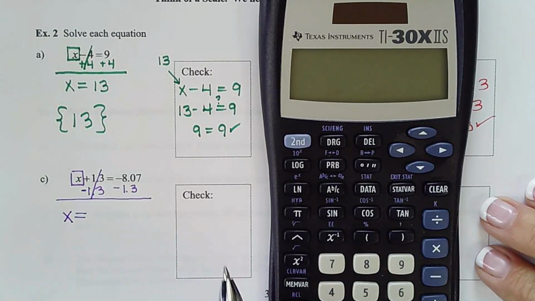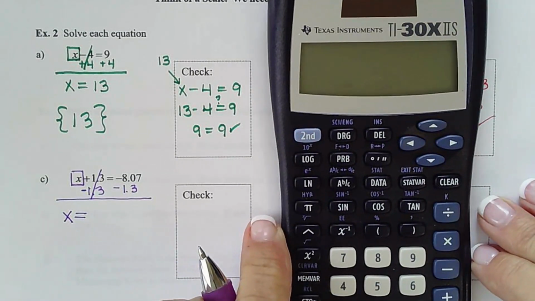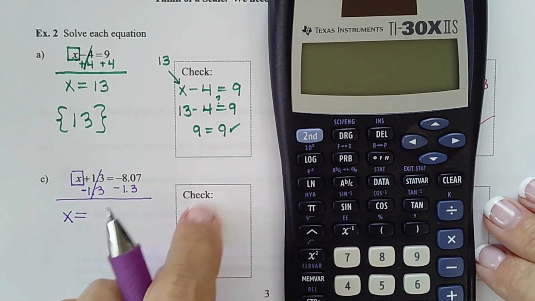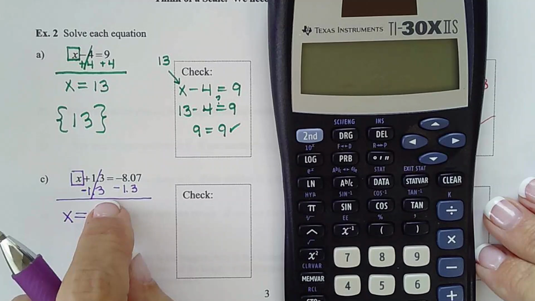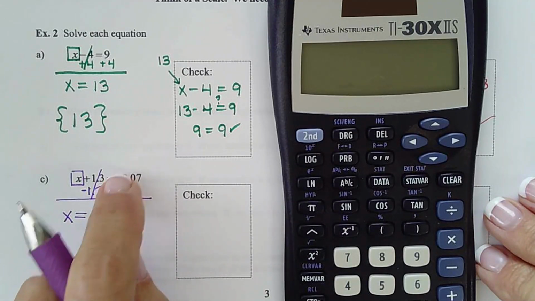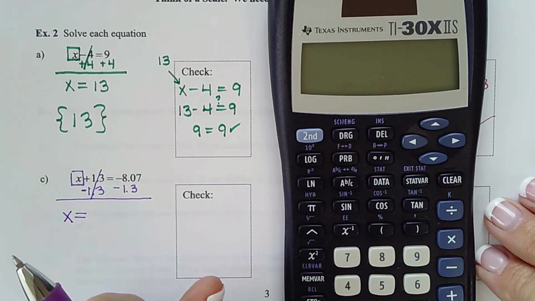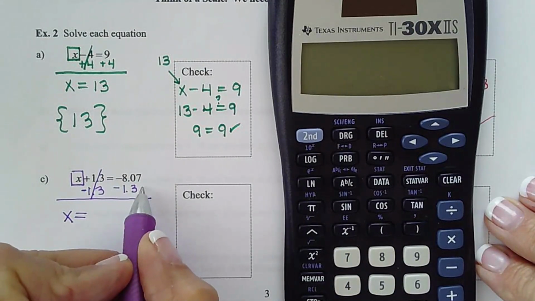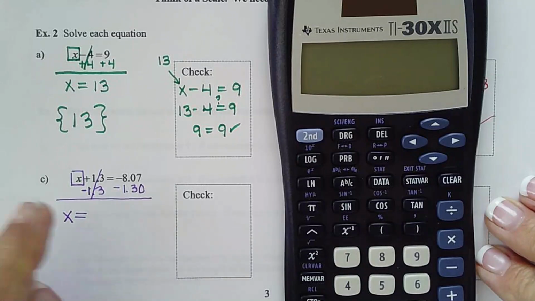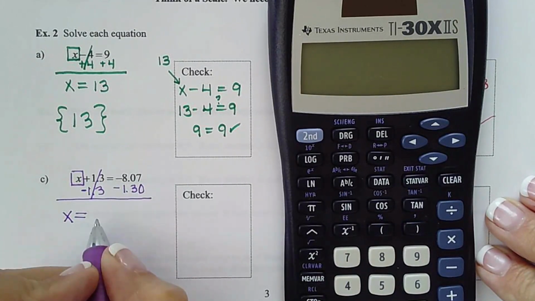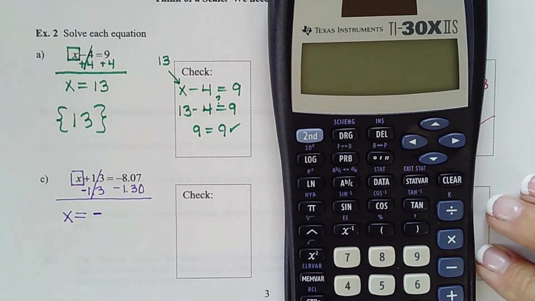And you could do this by hand or calculator. I'll show you both ways. But checking is much easier with the calculator. When the signs are the same, we add and keep the sign. So when you add, you need the same number of decimal places. So I know the sign's going to be negative.